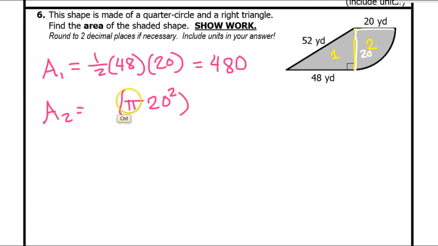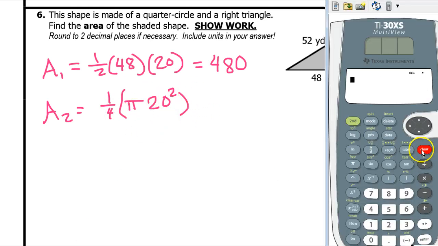This is only a quarter of a circle, so I'm going to put 1/4 of this. So let's see if that comes out to be a nice even number. 1/4 pi 20 squared. 100 pi.